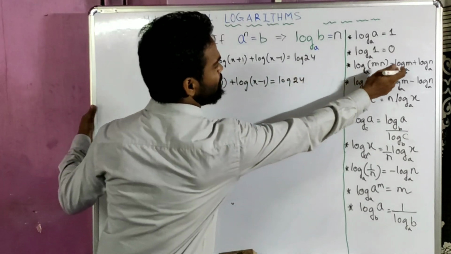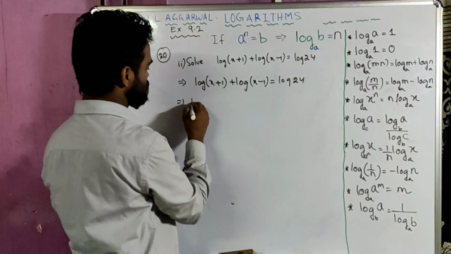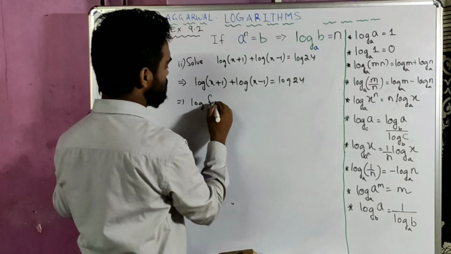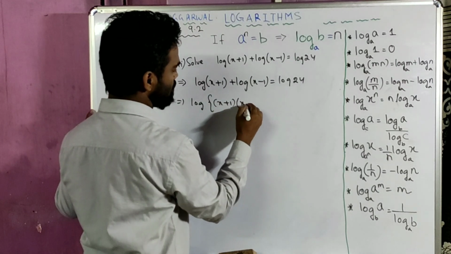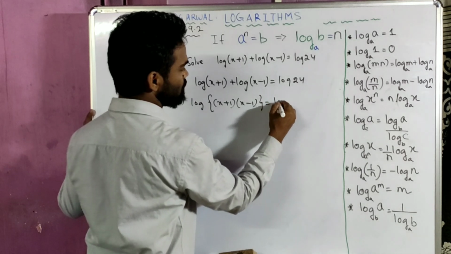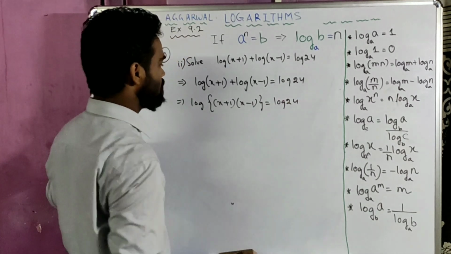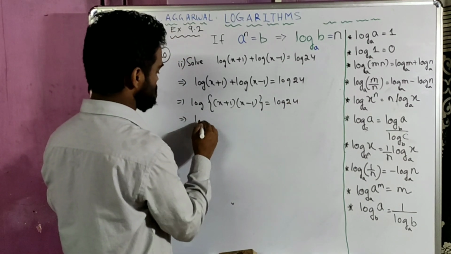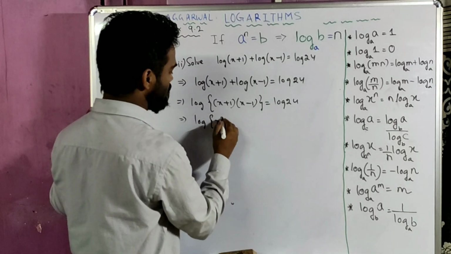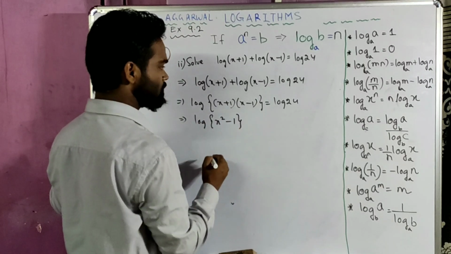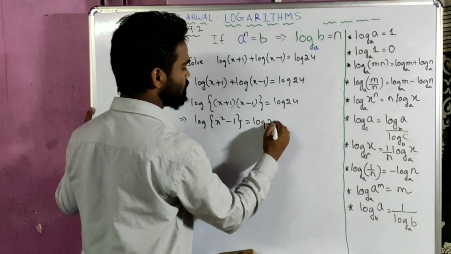Now see, log m plus log n is log mn, so this will be log of x plus 1 times x minus 1 equals log 24. Am I clear? Now if you look carefully, this is log of a square minus b square. This is log 24.